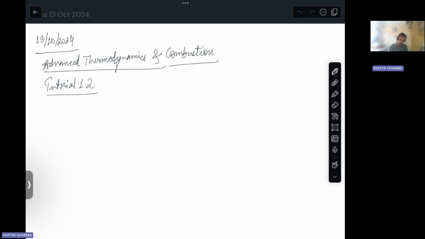Then your next topic is evaporation rate, mass transfer. This d square law comes under this only. Your d square law is under the evaporation rate topic. So these two topics we have covered.